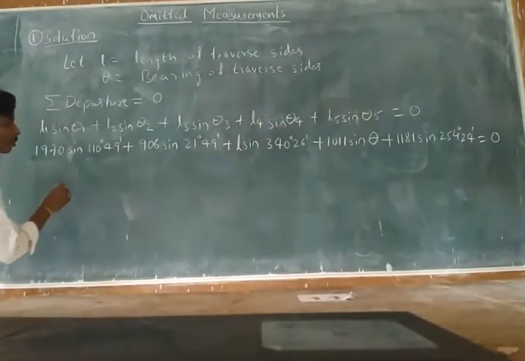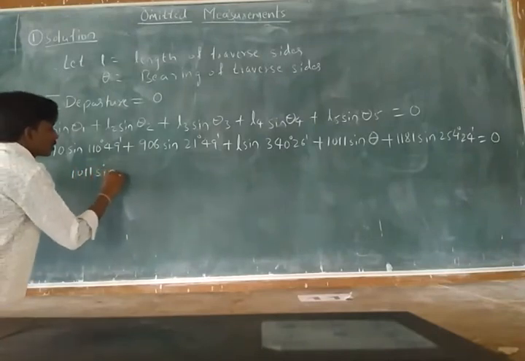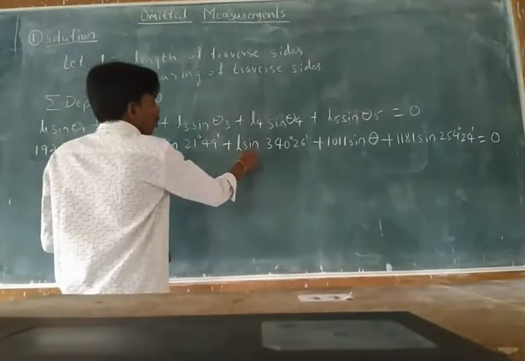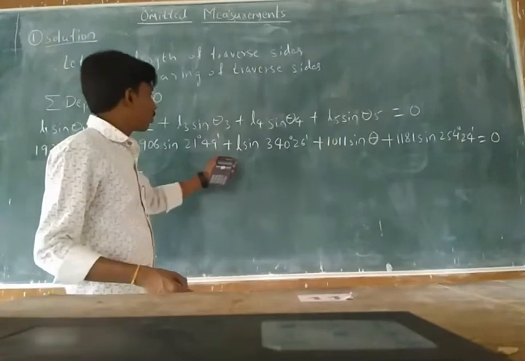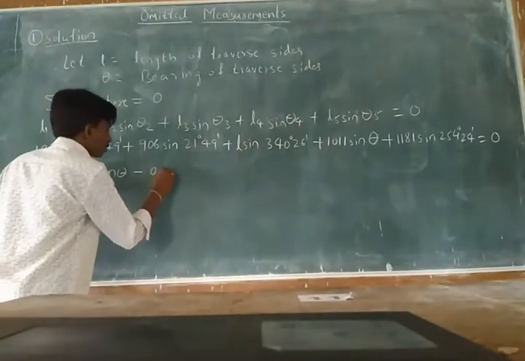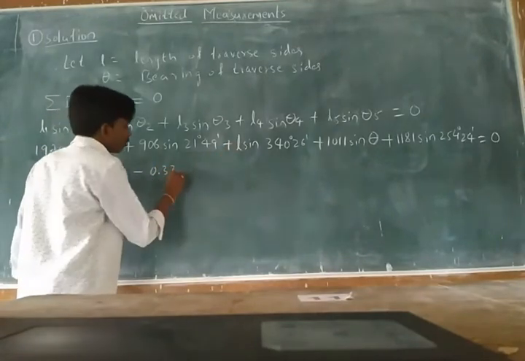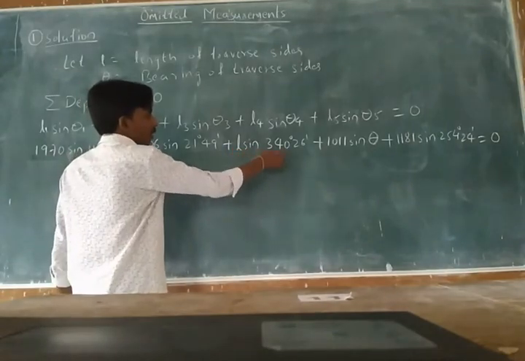That will be 1011 sin theta minus, since you have solved sin 340 degrees 26 minutes and the value was minus 0.33. So write minus 0.33, and you have to write the L because L is multiplied with sin 340 degrees 26 minutes.